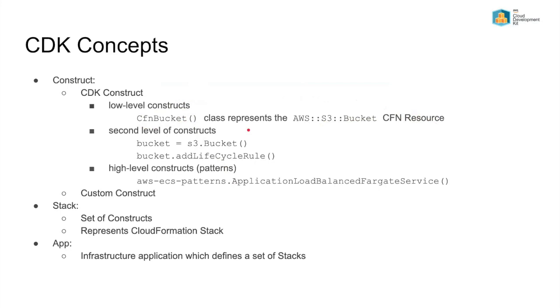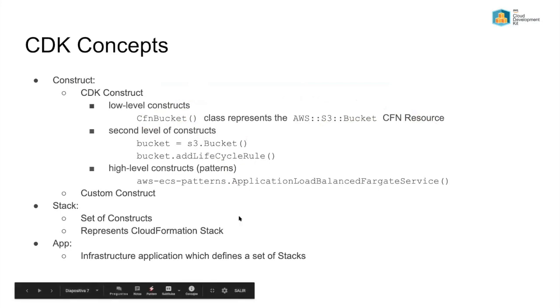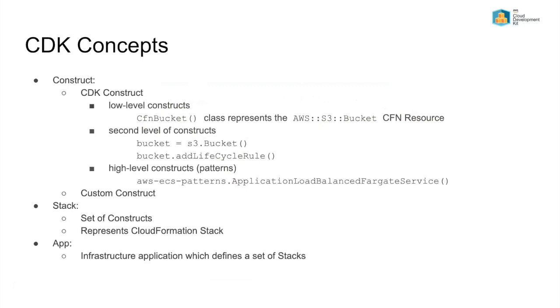Then we have the second level constructs that also represent a CloudFormation resource, but they have some attributes and methods that add functionality to the resource. So even if they represent a CloudFormation resource, you have more capabilities in every class.